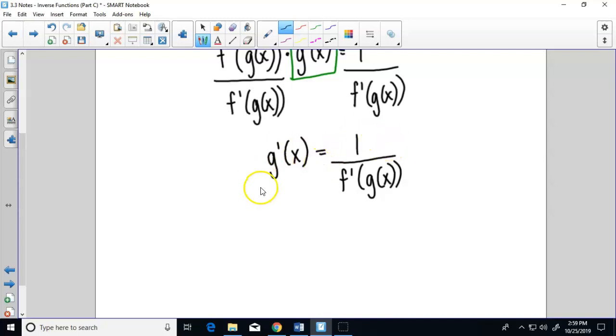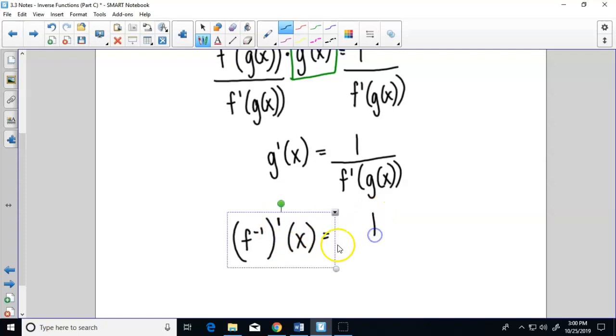I'm going to switch back to inverse notation now. Instead of using g, I'm going to use inverse notation. So f inverse prime of x equals 1 over f prime of f inverse of x.